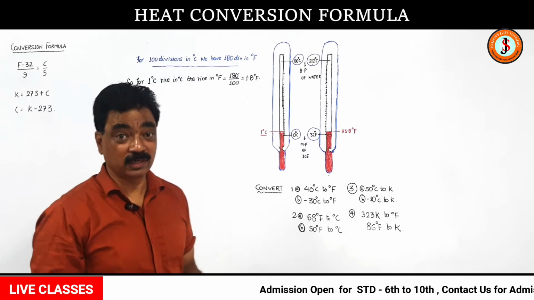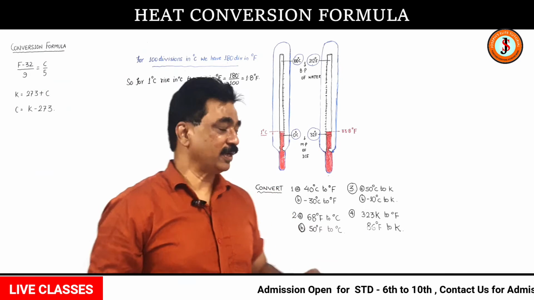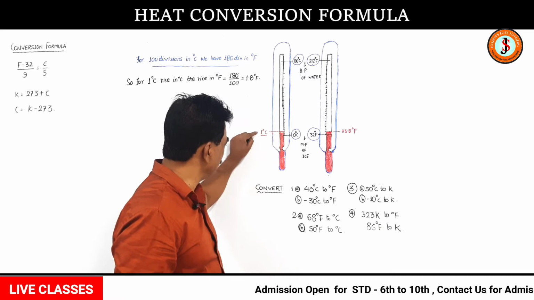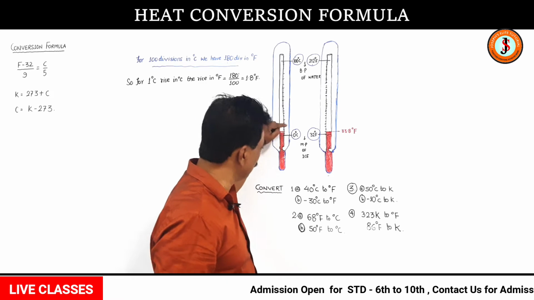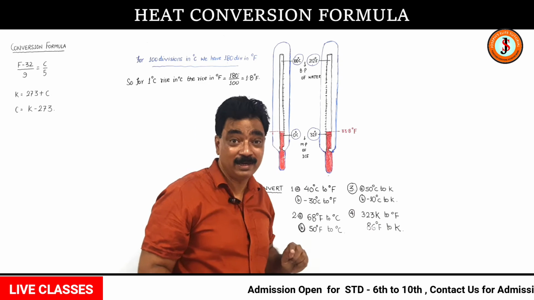Now suppose you have to convert, suppose I say 1 degree, now degree centigrade has reached 1. So what will happen from 0 to 1? From 32 in Fahrenheit it rises by 1.8.